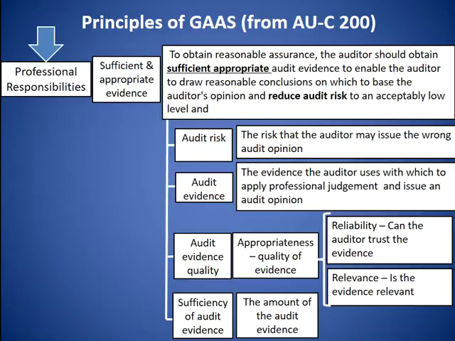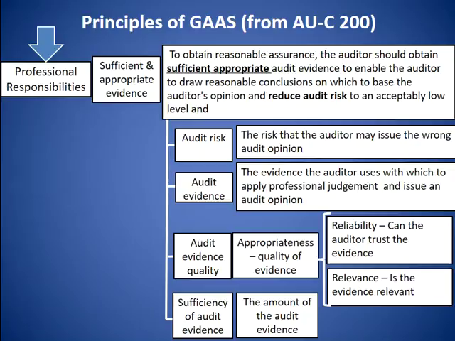There is a possibility, because unless I look at everything and talk to everybody about everything, that there could be some type of error, or in effect a material error within the financial statements. So the risk is that the auditor may issue the wrong opinion.